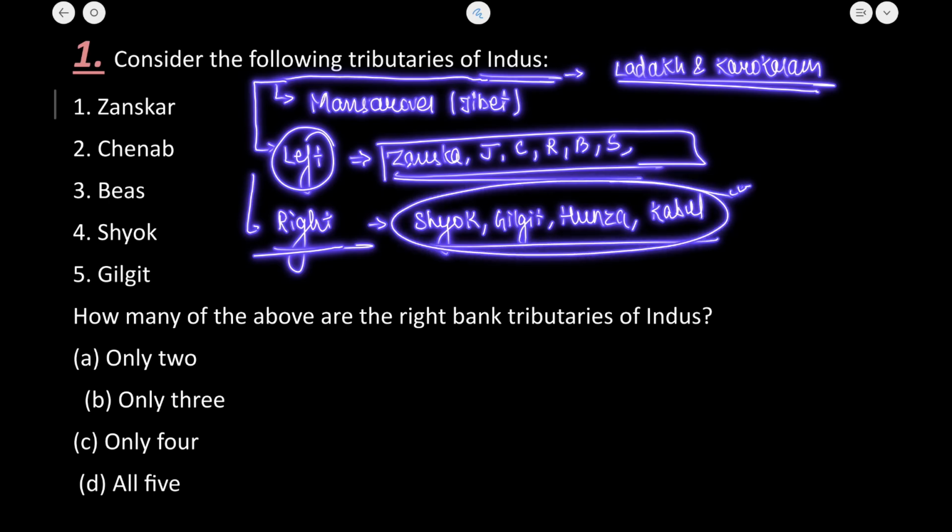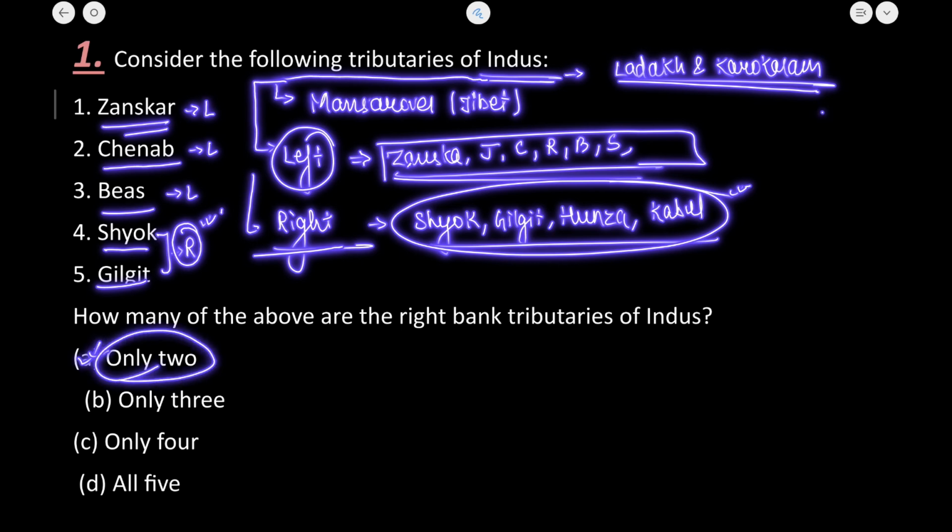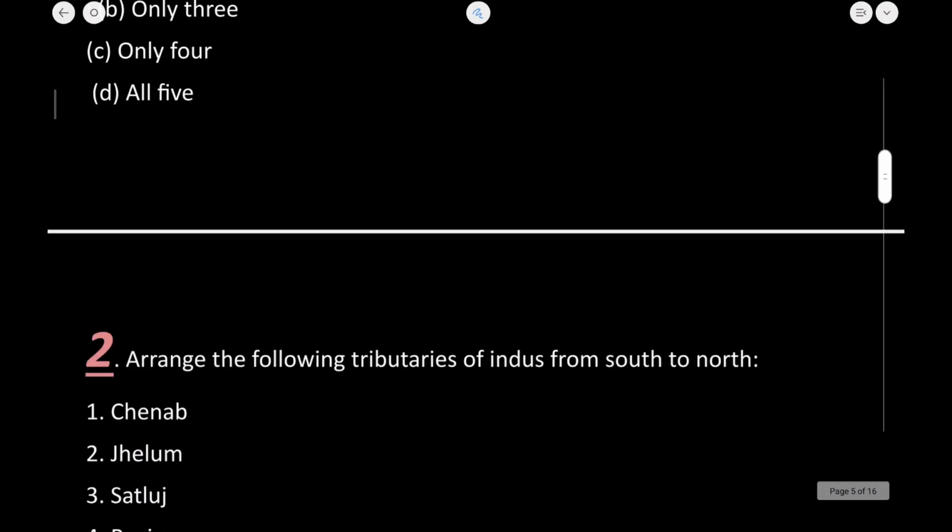So Zanskar is a left bank tributary, Chenab is a left bank tributary, Beas is a left bank tributary, Shyok and Gilgit both are right bank tributaries of river Indus. So the correct answer to this question is only 2. You can just write down these facts. These facts are very important, so you can revise them accordingly. Let's now move to the next question.